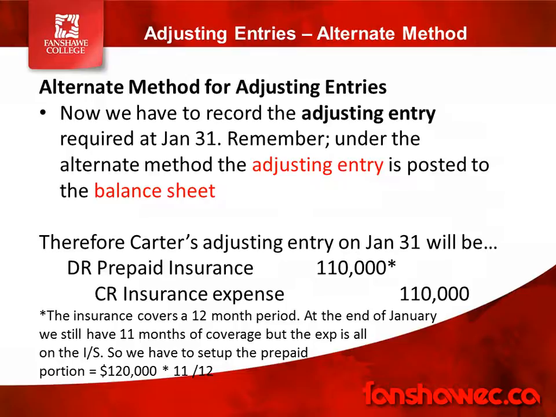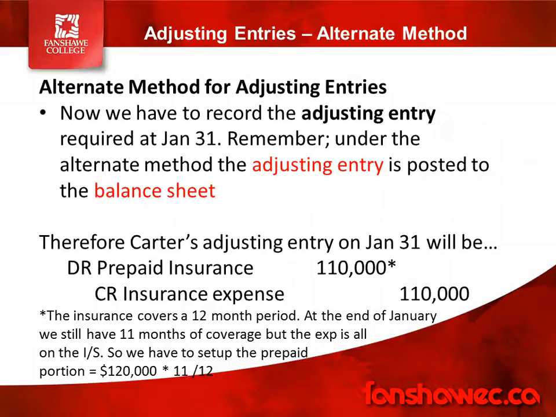Well, the trick is that once you do this initial adjustment under the alternate method, you effectively default back to the standard method. Because if you think about it, when we get to the end of February, we have $110,000 sitting in prepaid insurance.